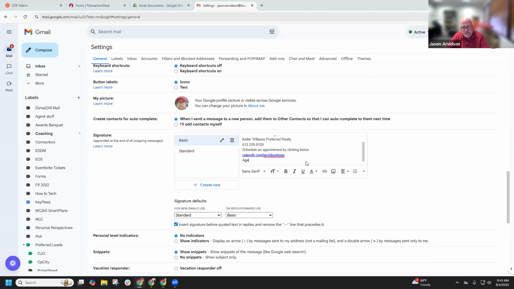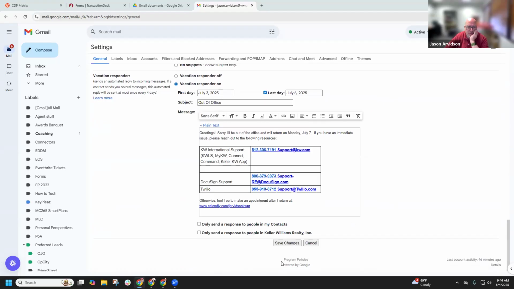Say something like agency. Highlight your text, click on the link, paste that link you just put in there, and now anybody who clicks on that can see that form, as long as I go down to the bottom and hit Save Changes.